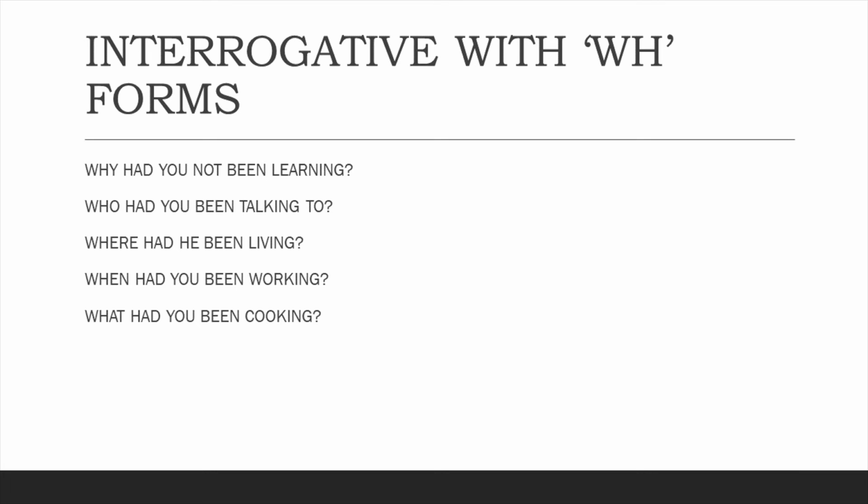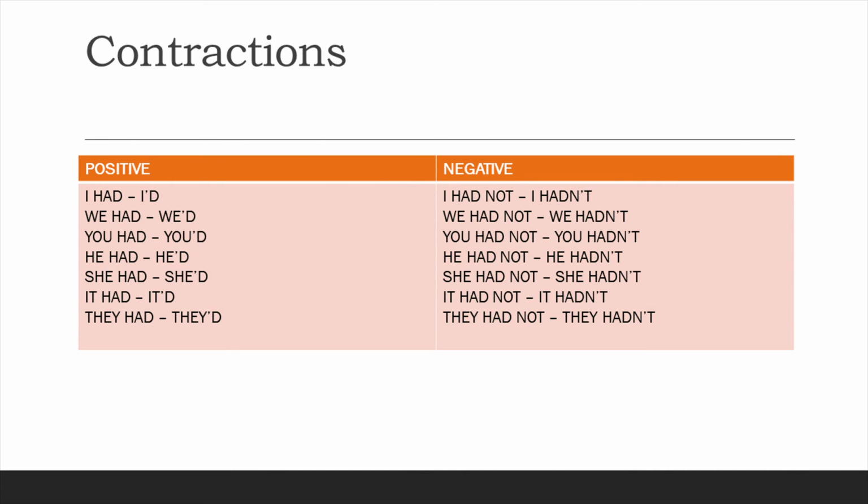Contractions. As I mentioned, I had becomes I'd, we had becomes we'd. That was for hadn't, but here you put the subject and the helping verb had with a contraction. Okay, so if you can see I had, you remove the HA and you put the apostrophe after I and you put them together saying I'd.